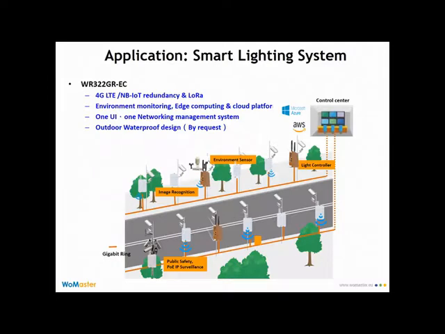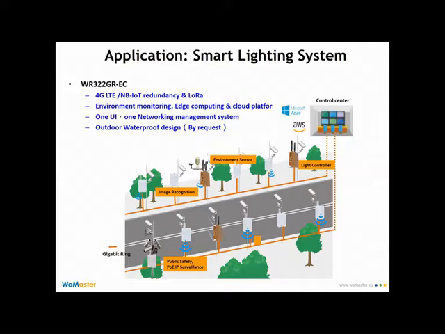Nowadays, smart light control system is a common application in the smart city. Sometimes it comes with the other application like environment sensors we mentioned in the last webinar. Image recognition, public safety.